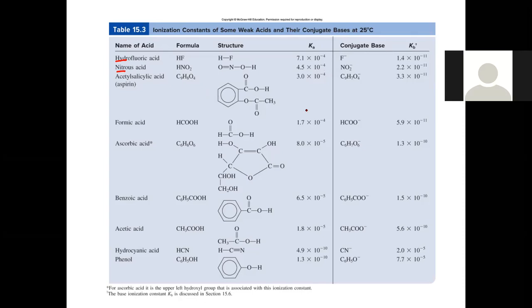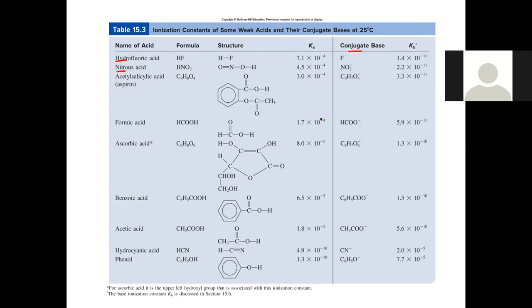Now, ano naman ang epekto niyan doon sa kanilang conjugate base? If HF is a stronger weak acid than nitrous acid, then that means in terms of the conjugate base, the one that is a weaker acid has a stronger conjugate base.